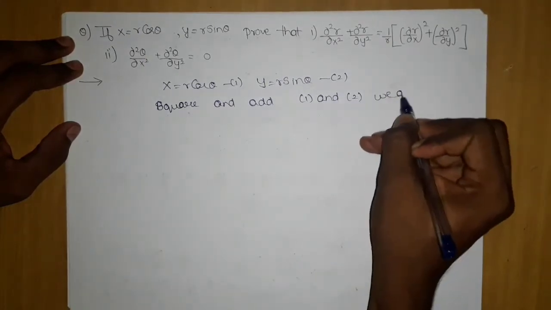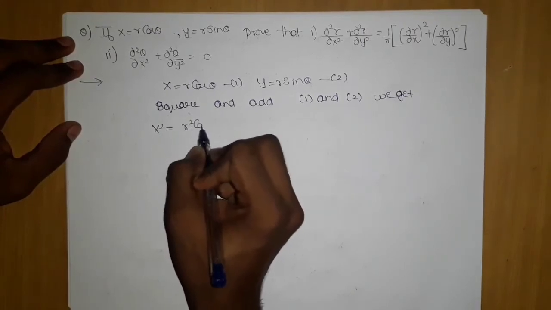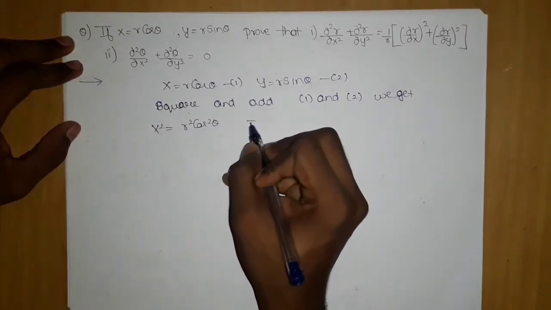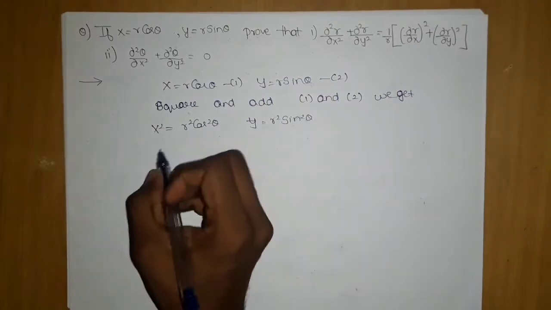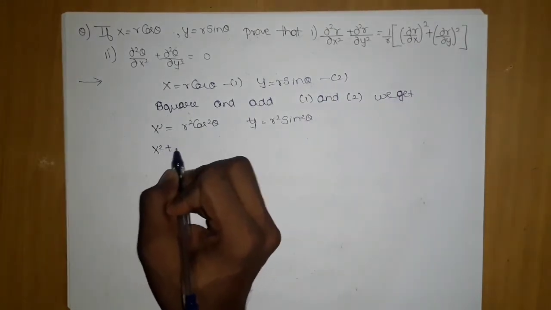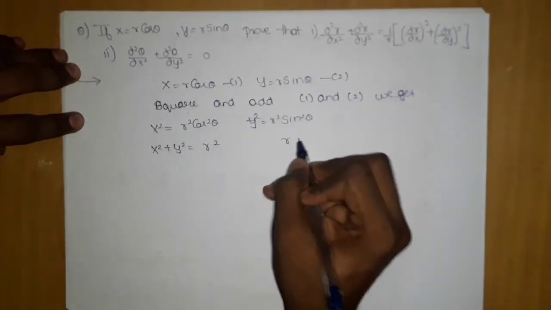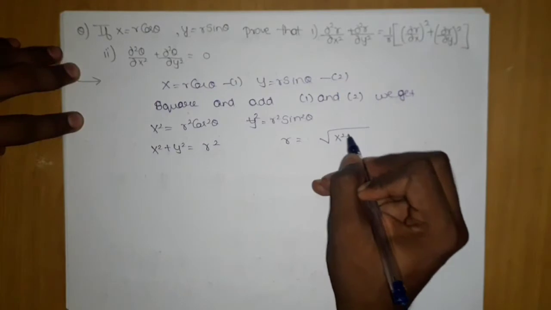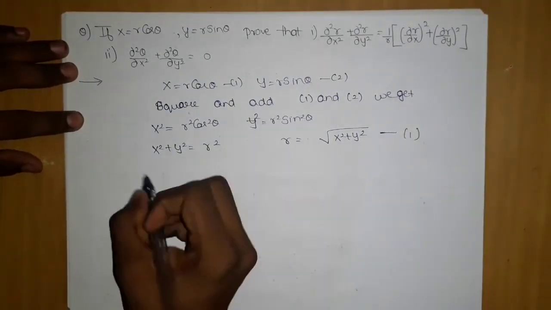We get x square equals r square cos square theta, y square equals r square sin square theta. We are going to get x square plus y square equals r square, and r will be nothing but under root x square plus y square. Call it 1.